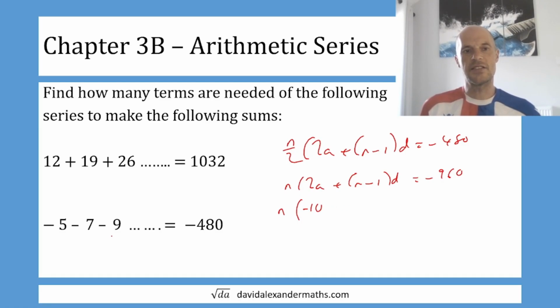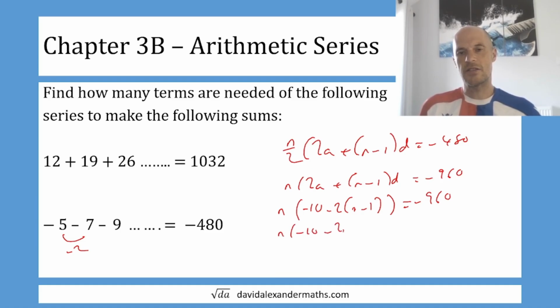And d, the difference, is negative 2, so that's going to be minus 2, lots of n minus 1, equaling negative 960. So that's n lots of minus 10 minus 2n plus 2 equals negative 960. So that's going to be negative 8. So n lots of negative 2n minus 8 equals minus 960.